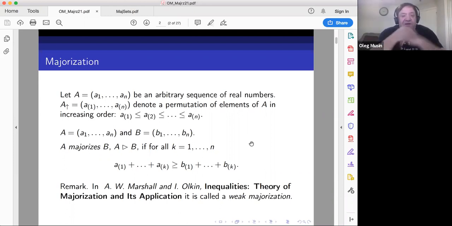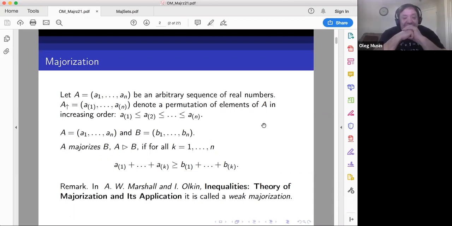Let us consider any sequences of real numbers and consider them in increasing order, that means a sub 1 up to a sub n is in increasing order. We can compare two sequences of the same length.